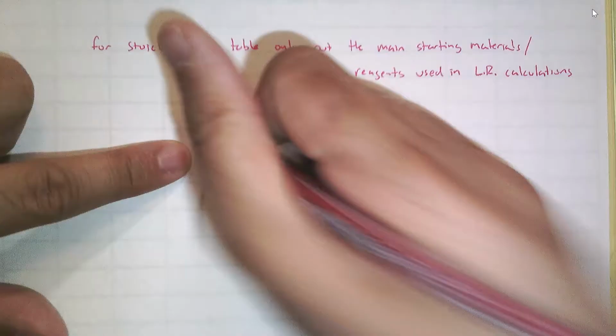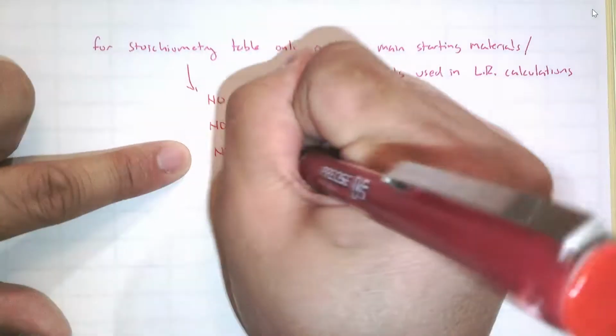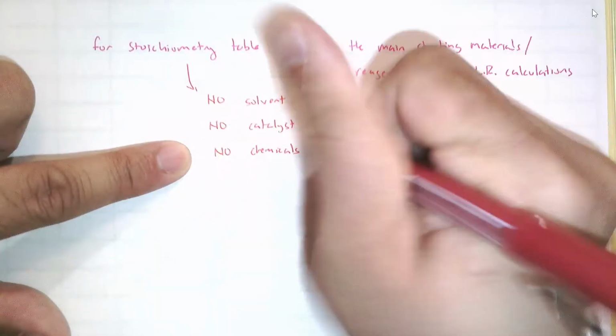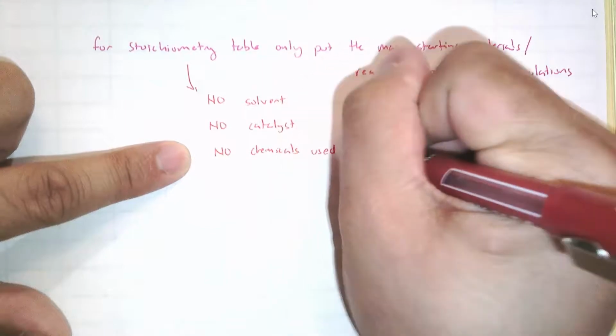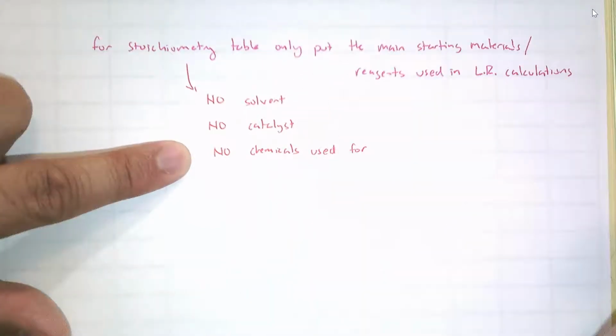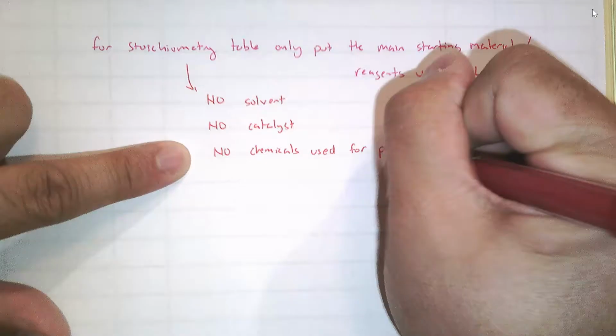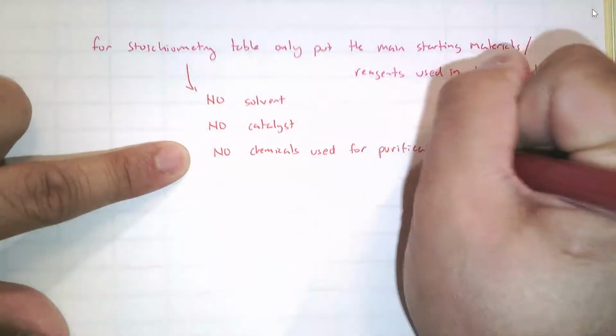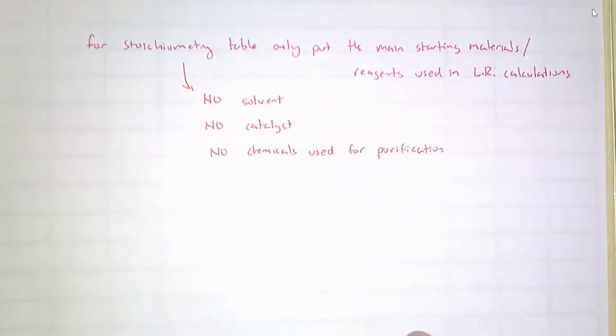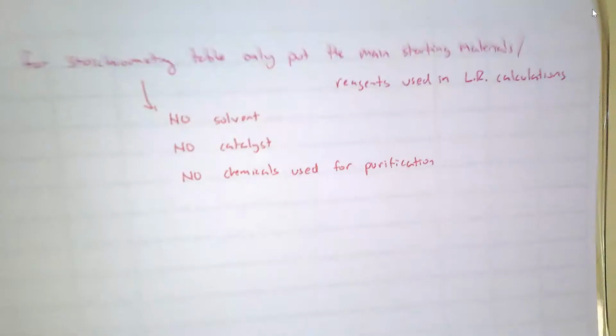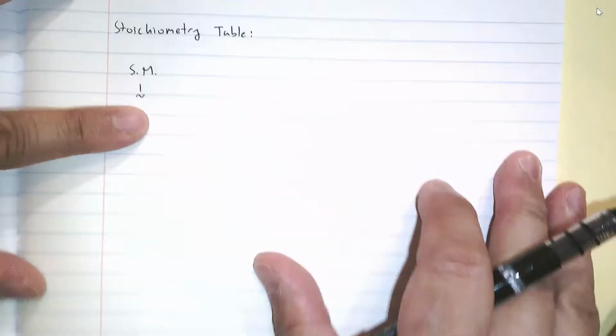What else? No chemicals used for purification. That's not part of the limiting reactant calculations. So don't put that in your stoichiometry table. This is going to go a little bit fast, but make sure that you have this stoichiometry table as an example.